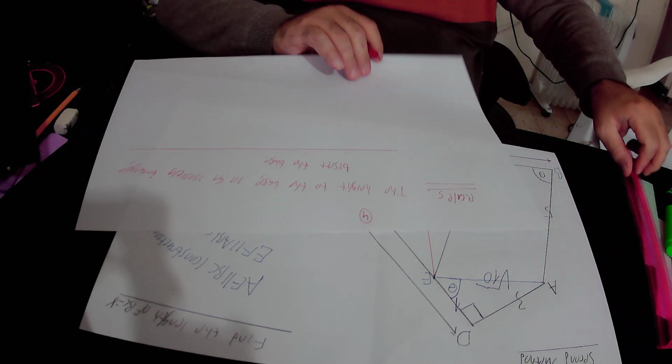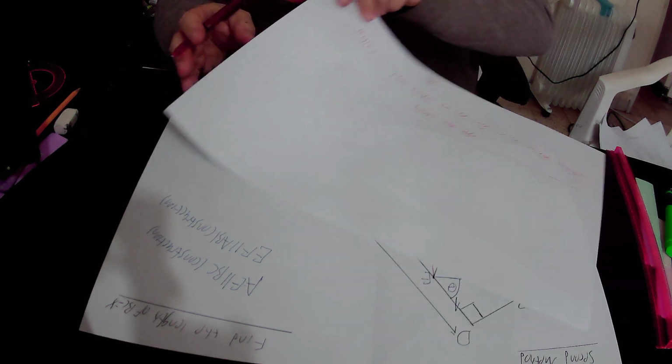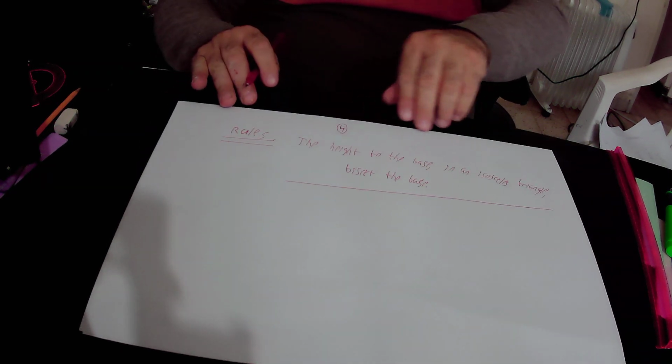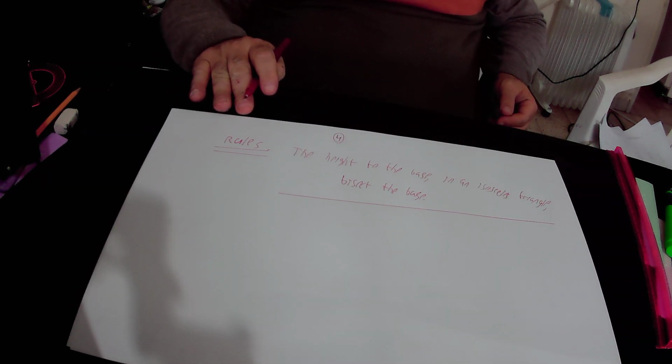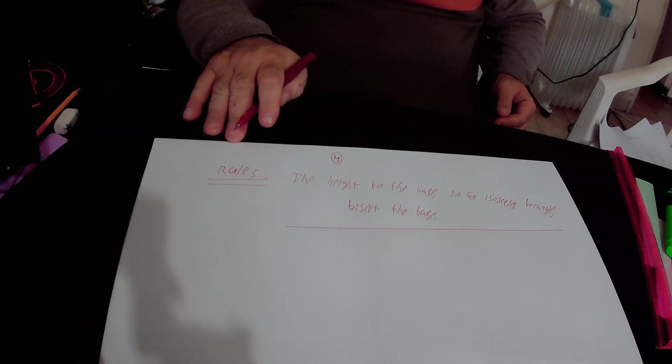So I read rule number 5 again. According to rule number 5, the height to the base in an isosceles triangle bisects the base.